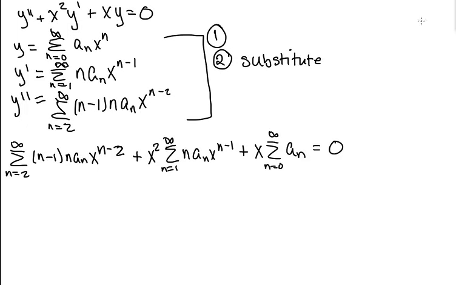And remember before I mentioned the variable coefficients, so we have a variable coefficient here and here. We need to multiply this guy in.